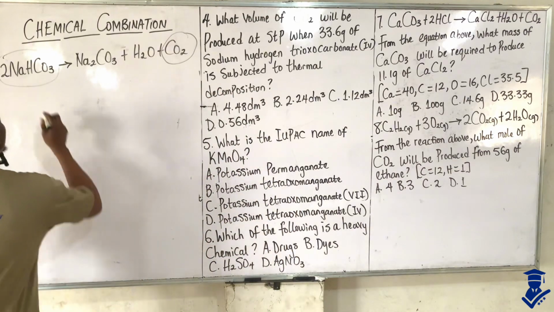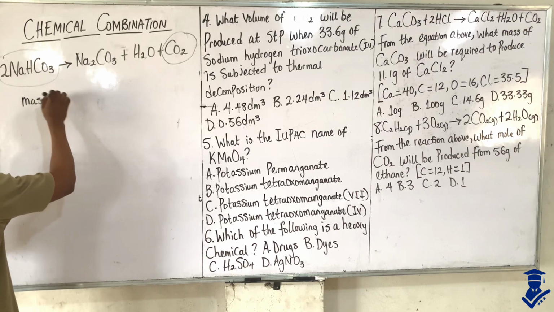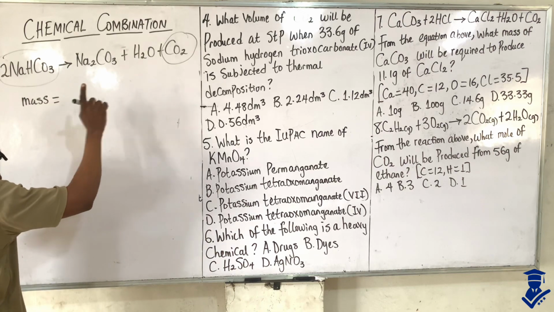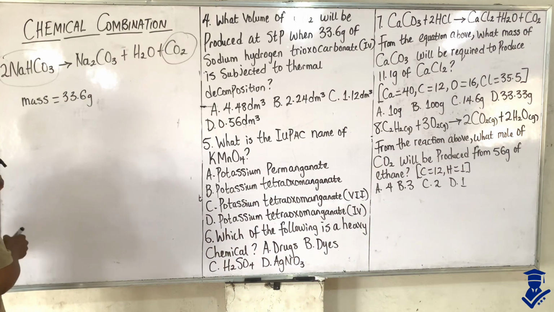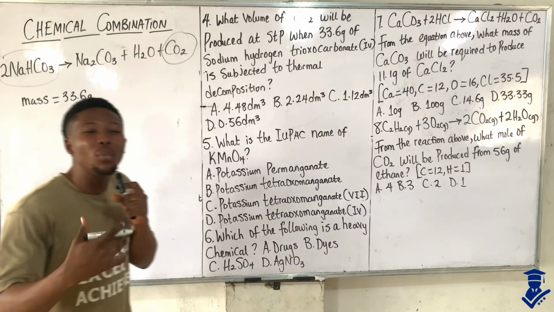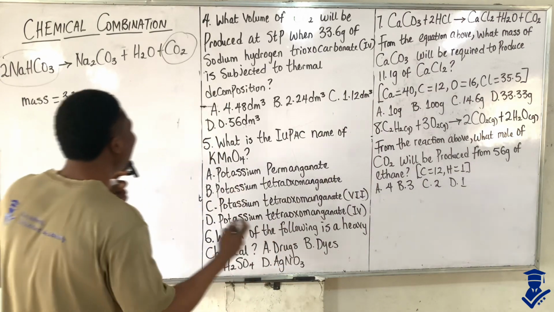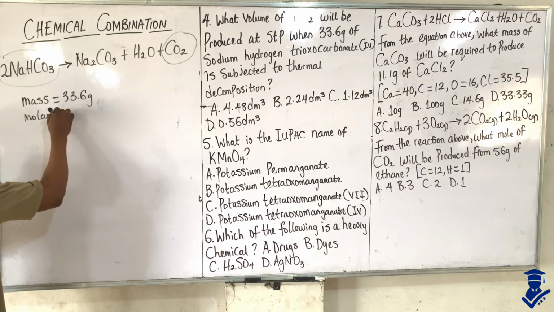The mass given to us of sodium hydrogen trioxocarbonate IV is 33.6 grams. But what is the molar mass of NaHCO3? Let's get the molar mass.